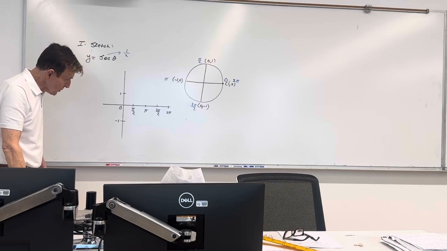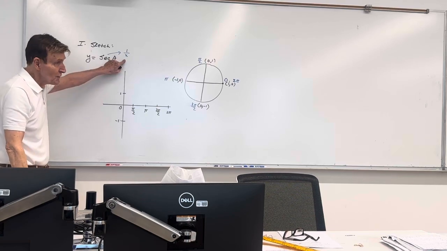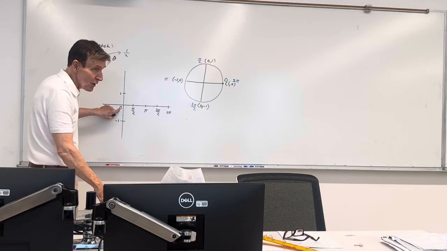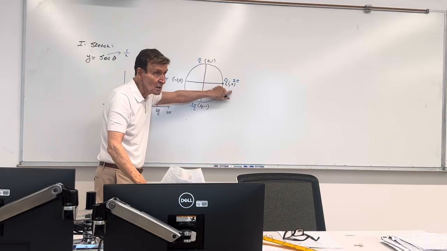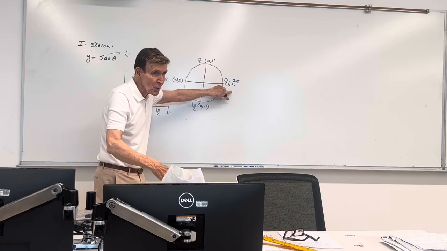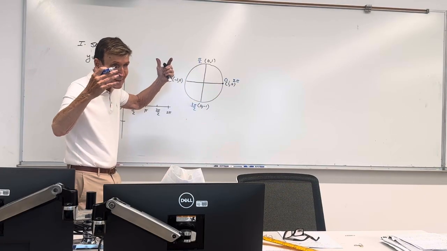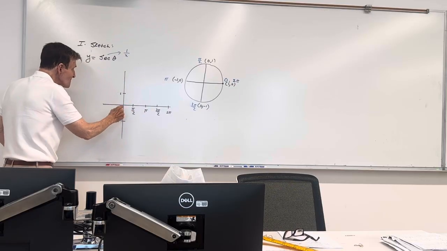Now, here goes. I'm looking for 1 over x. Watch carefully. I'm starting at 0. In other words, I'm starting here. If I place 1 over x where the x coordinate is 1, what's my first point to plot? 1.